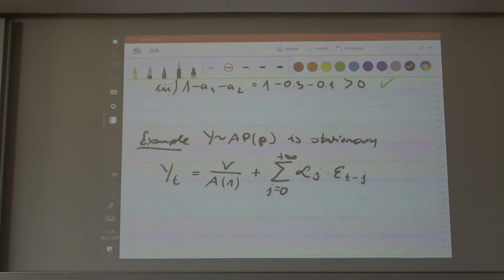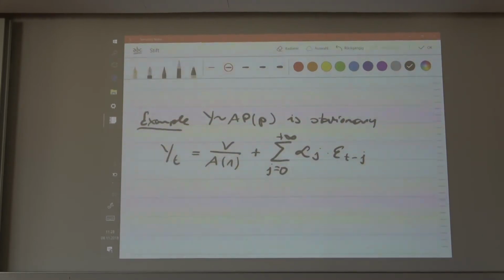Now, using this expression, you can calculate the expectation of the process. That's quite easy. This is part of the exercise 3.5, I think, or 3.7, the last one where you have the linear processes. It's relatively easy to calculate the expectation of the process. The expectation of a linear transformation is the linear transformation of the expectation.